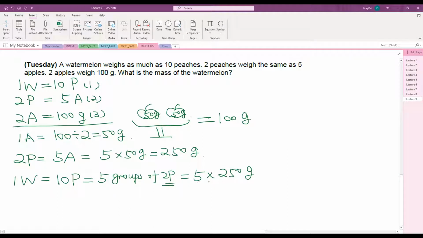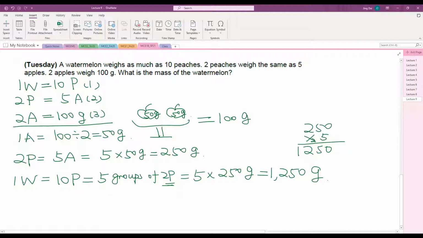So 5 groups of 250 grams, that would give us 5 times 2, that's 10, plus that little 2. So you would have 1,250 grams.